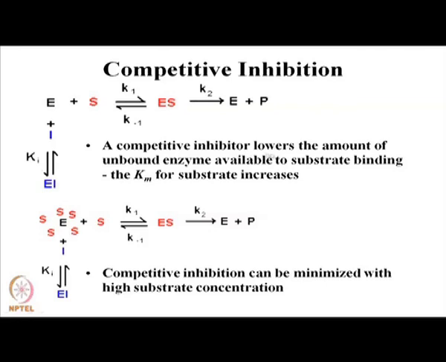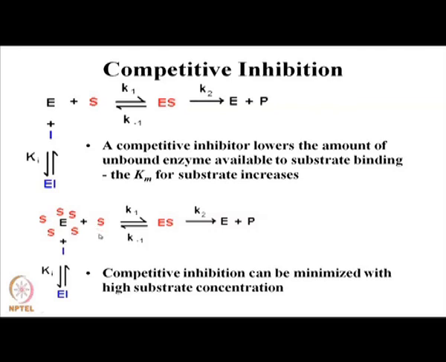A competitive inhibitor lowers the amount of unbound enzyme available for substrate binding, and as a result Km for the substrate increases. Km increasing means your binding is less, as I told you at the very beginning.